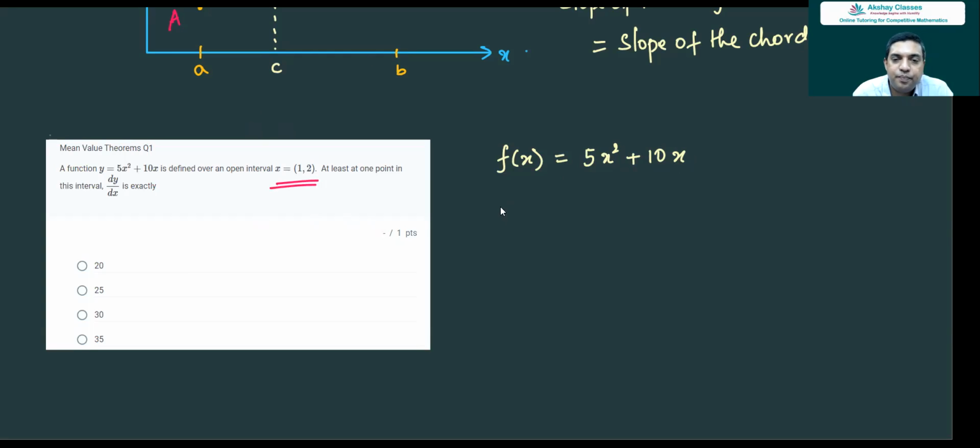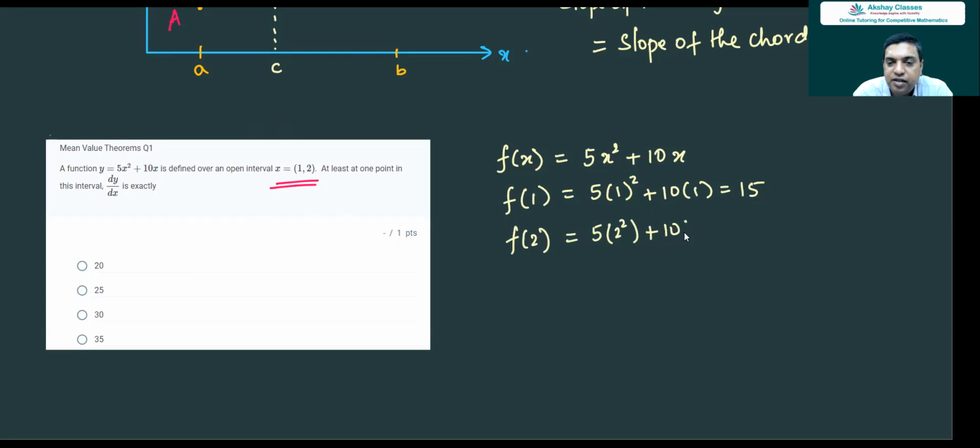So now what is f of 1? 5 into 1 square plus 10 into 1, which is 15. What is f of 2? 5 into 2 square plus 10 into 2. So 20 plus 20, 40.